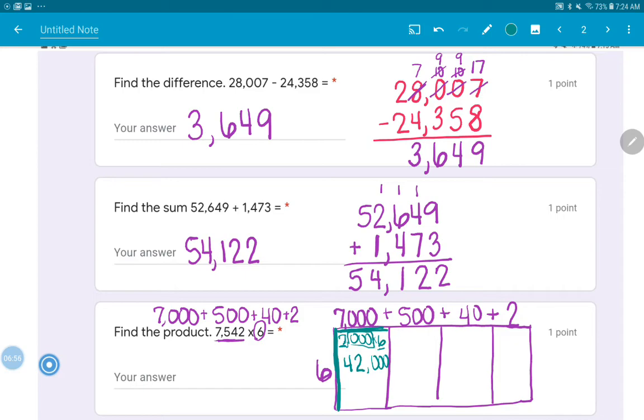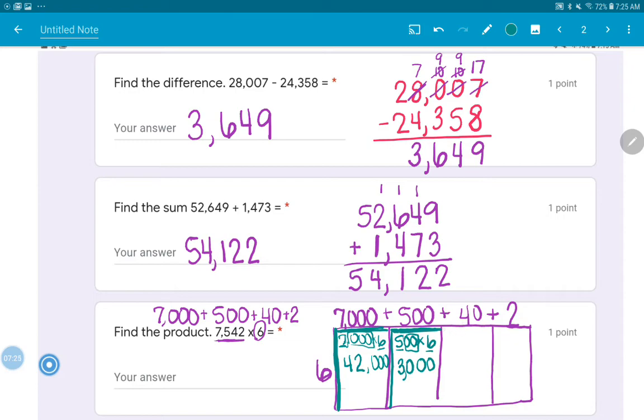Next, I'm going to find the area of this part by doing 500 times 6. My length is 500. My width is 6. 5 times 6 is 30. And I have 2 zeros. So the value of 500 times 6 is 3,000.